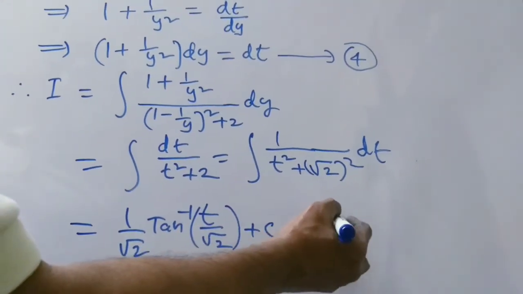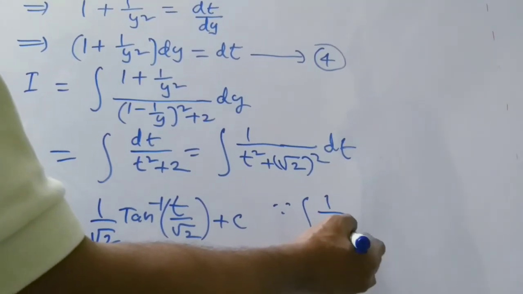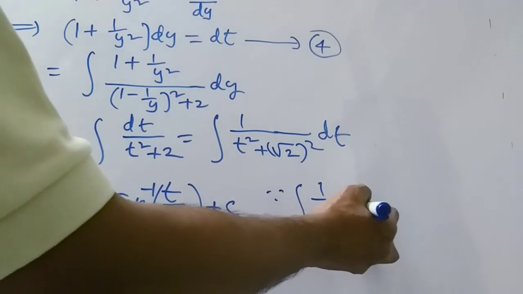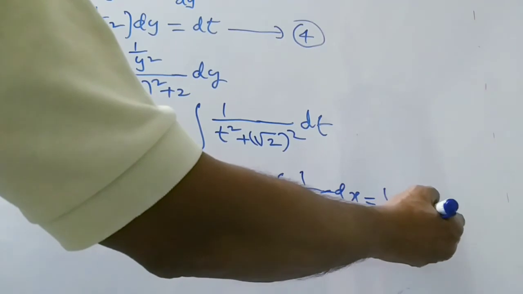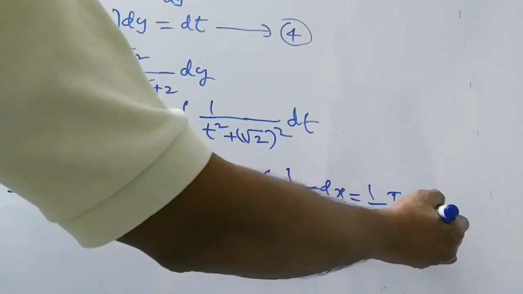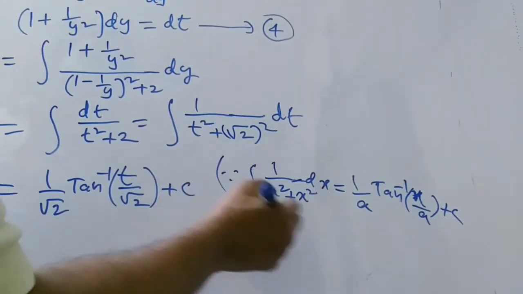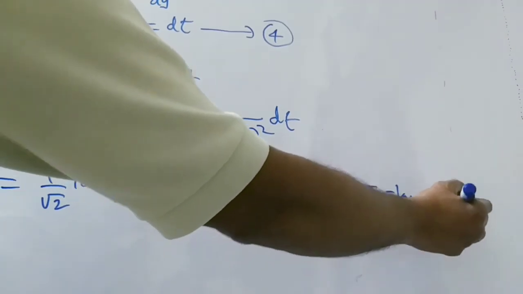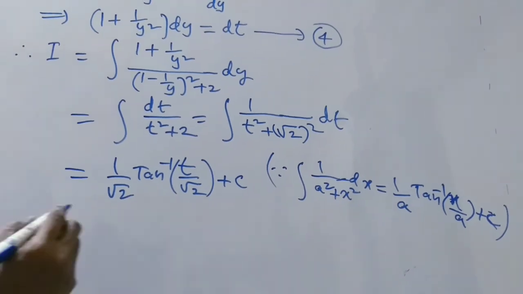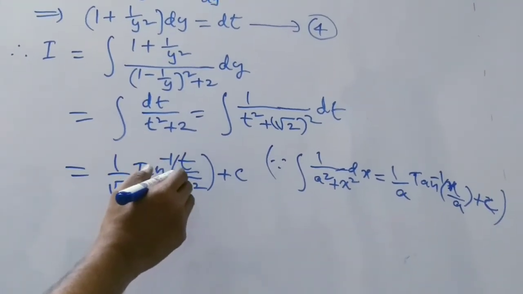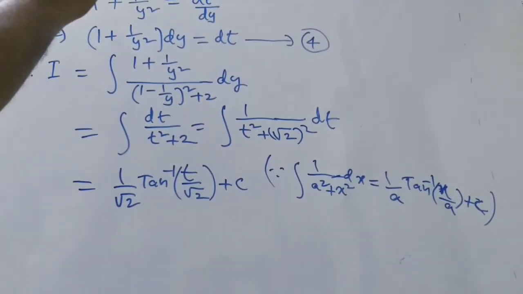Since integral of 1 by a square plus x square dx is equal to 1 by a tan inverse x by a plus c. Here t is the substitution, already known: t is equal to y minus 1 by y.